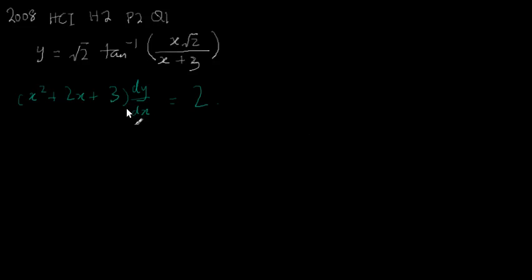So I start by saying, let's recall the product rule. d by dx of uv is equal to u dv/dx plus v du/dx. So u and v would be like this and this. So this would be like the u, and that would be like the v.